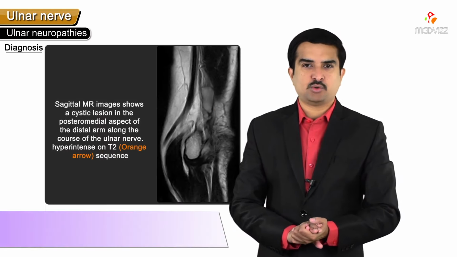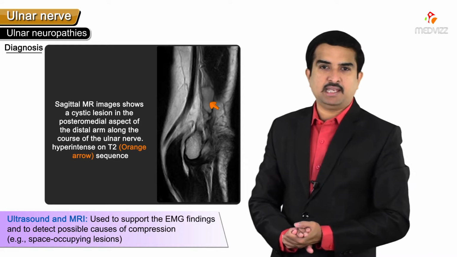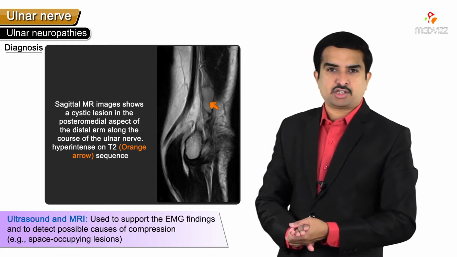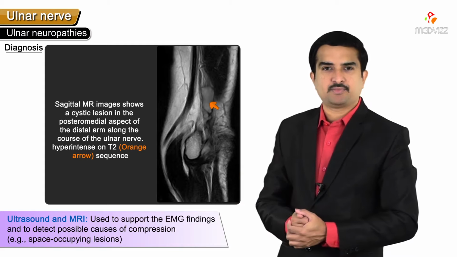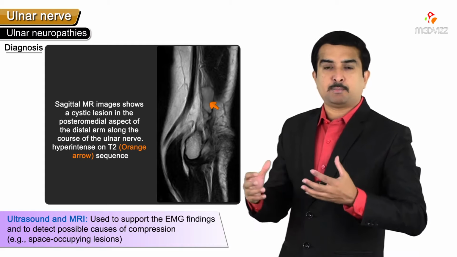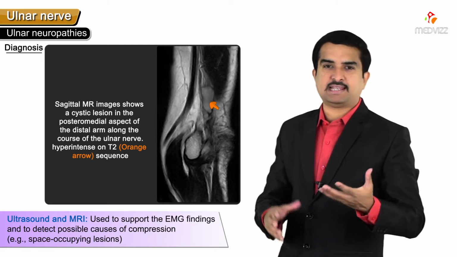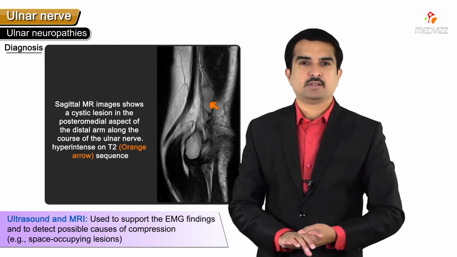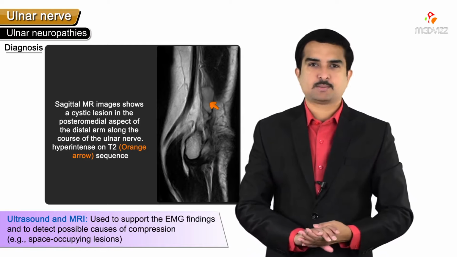Other than EMG, we often perform ultrasound and MRI, mainly to support the EMG findings and also to detect possible causes of compression, for example space occupying lesions. So this is about the diagnosis.